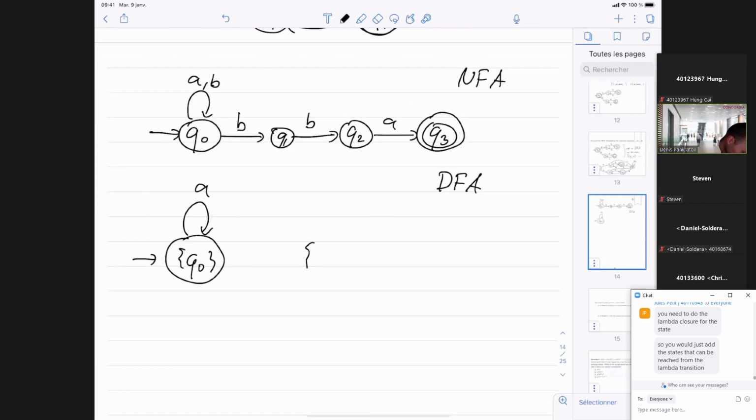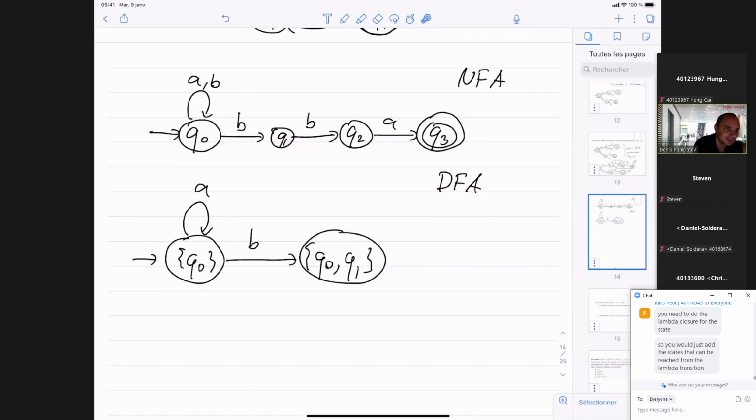So because you have two possible states in which the NFA can be after you see B from Q0, you need to create a new state which is labeled by these two states. So the meaning here is that if your original NFA was in state Q0 and you saw a B, now your NFA could be either in Q0 or in Q1, and that is a new state in your DFA.